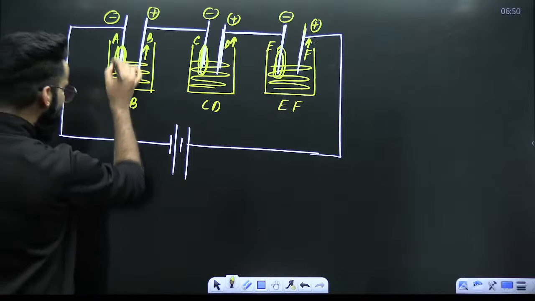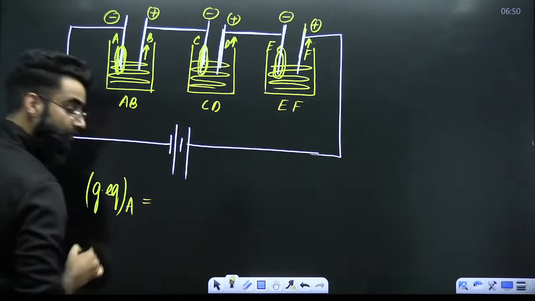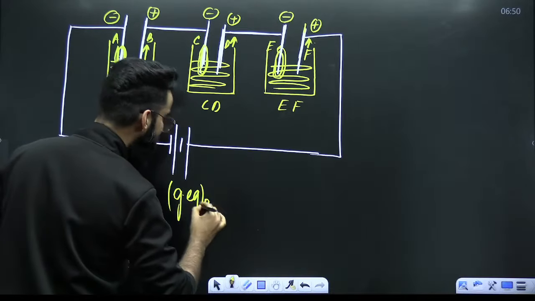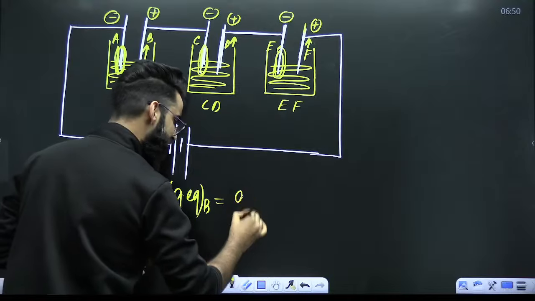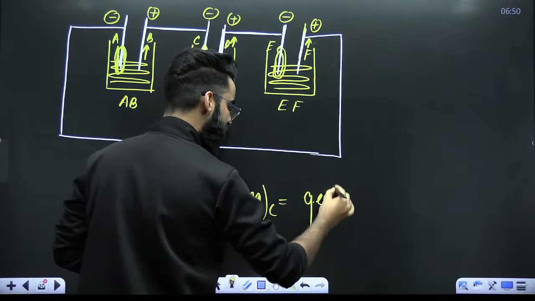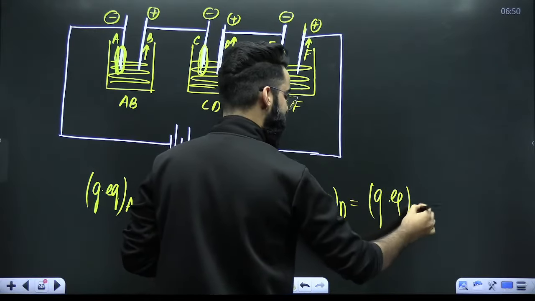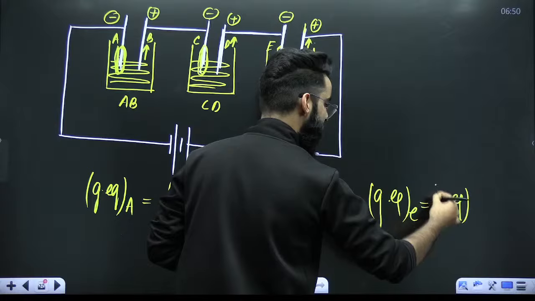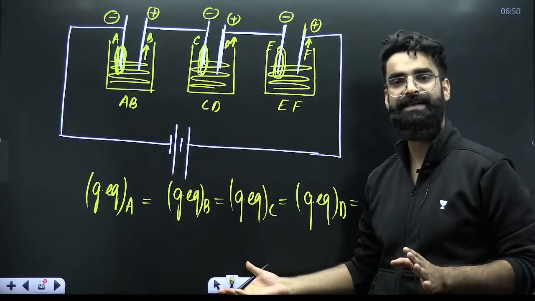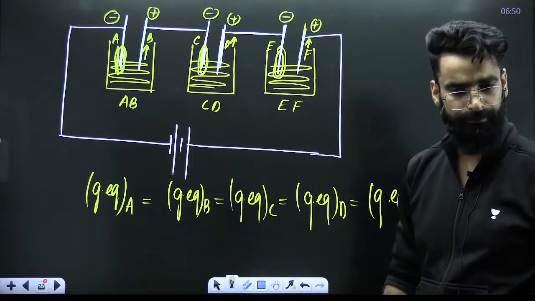That means the gram equivalence of A deposited at the first electrode will be the same as the gram equivalence of B liberated at the second electrode, which will be the same as that of C deposited, D liberated, E, and similarly F. This is what we call Faraday's second law. Gram equivalence deposited or liberated at every electrode will be the same only.